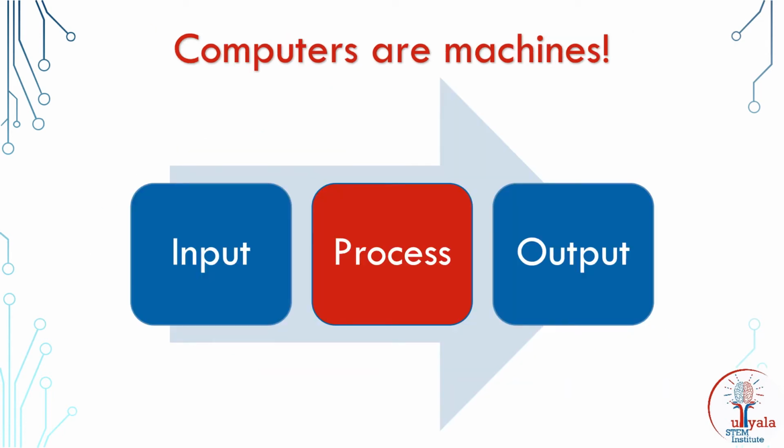Computers and our brains both work like machines. Machines have an input, a process, and an output. An input is the information that is fed into the system and can be thought of as the ingredients used to make something. The process is when the machine takes the input information and does certain operations to it.